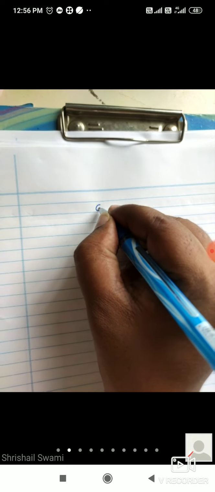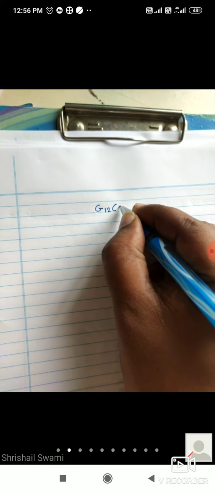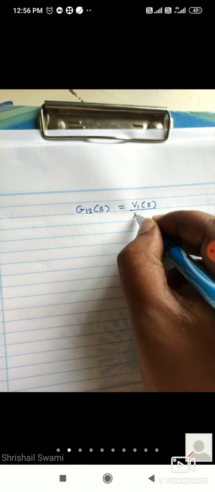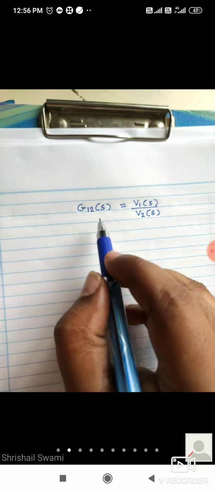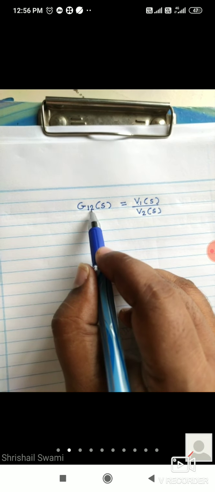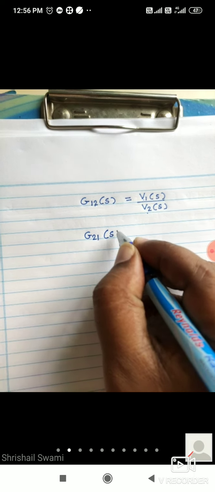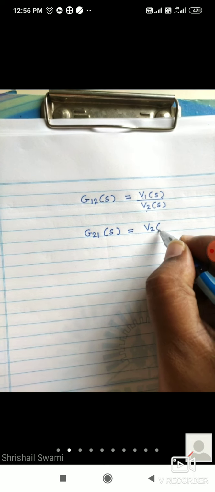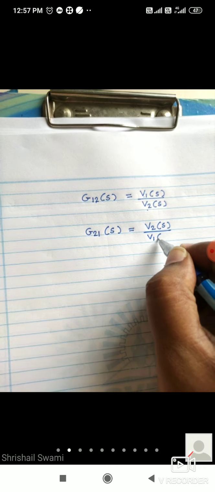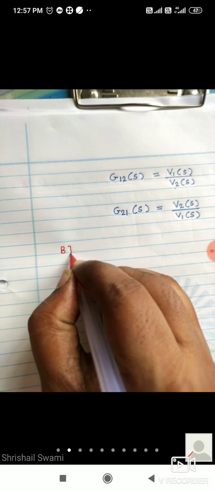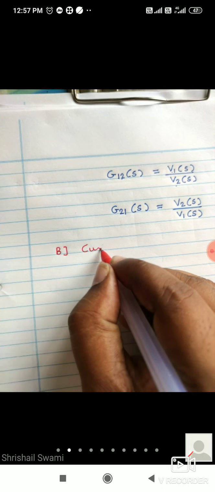So first of all, we can G12 of S is equal to काय येणार आता ratio of voltage at one port, that is V1 of S divided by V2 of S. इथं पण लॉजिक लावू शकतो. 1 is at numerator, 2 as denominator. Similarly, G21 of S, that is V2 of S divided by V1 of S. Okay, so this is called as what? Voltage transfer ratio.